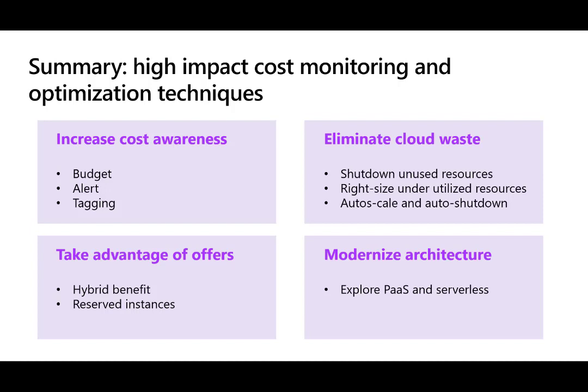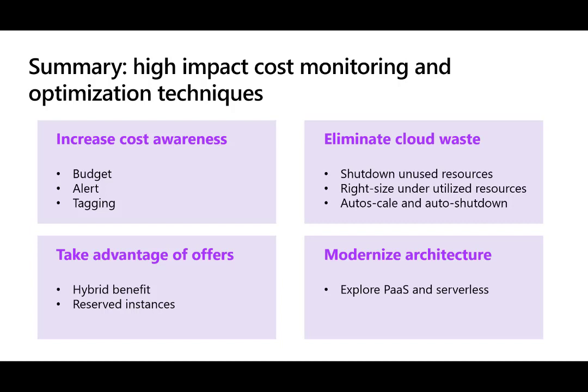We discussed different offers that you can take advantage of to greatly reduce your costs, such as the Azure Hybrid Benefit and the reserved instances. And then we also shared many different tips on how you can eliminate your cloud waste depending on the specific workload you're running. To mention some of the top ones, you can shut down your unused resources, you can right size your underutilized resources, and you can also do auto scale and auto shutdown.